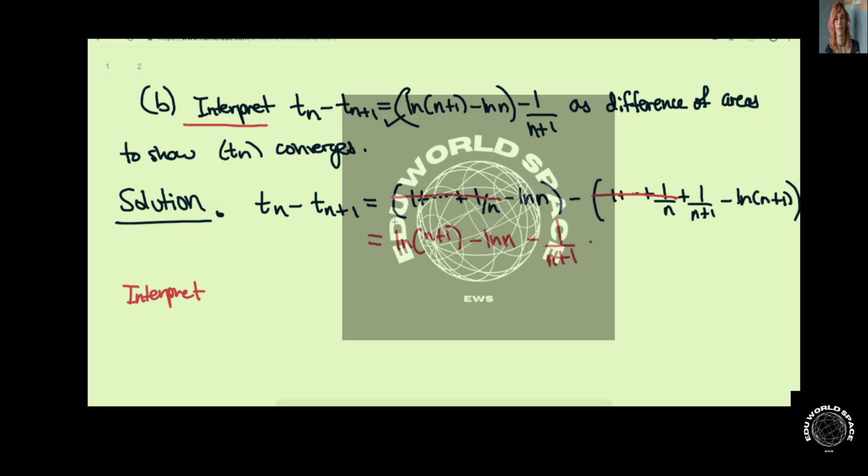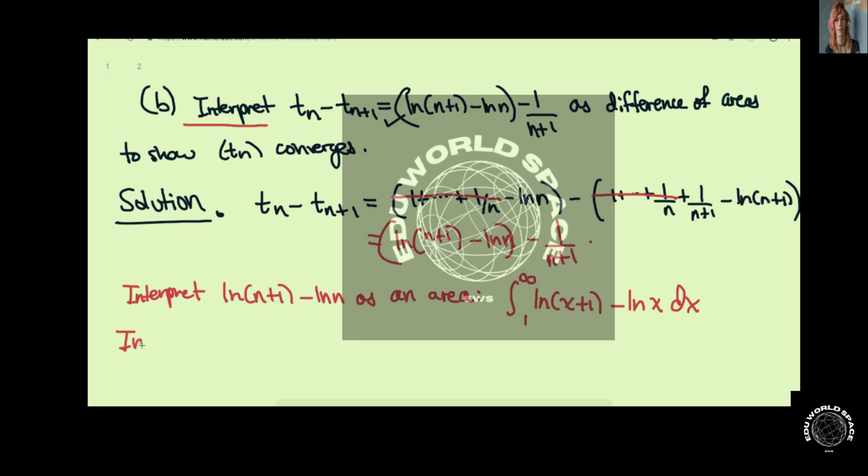So first, let's just focus on the first term. And so what we mean here is let's replace this with the integral. Since n goes to infinity, we can integrate from 1 to infinity ln x plus 1 minus ln x.